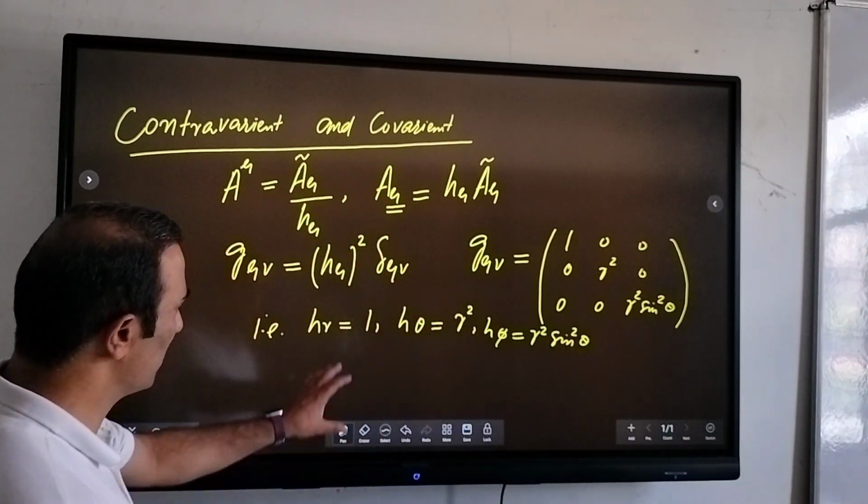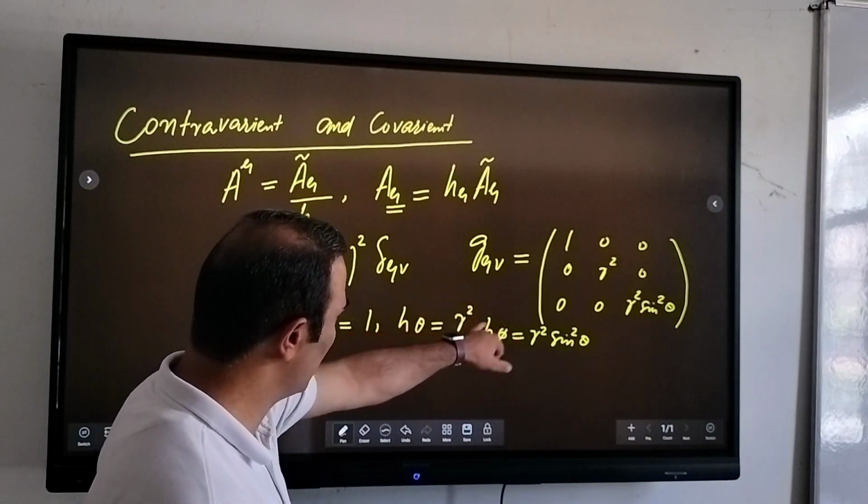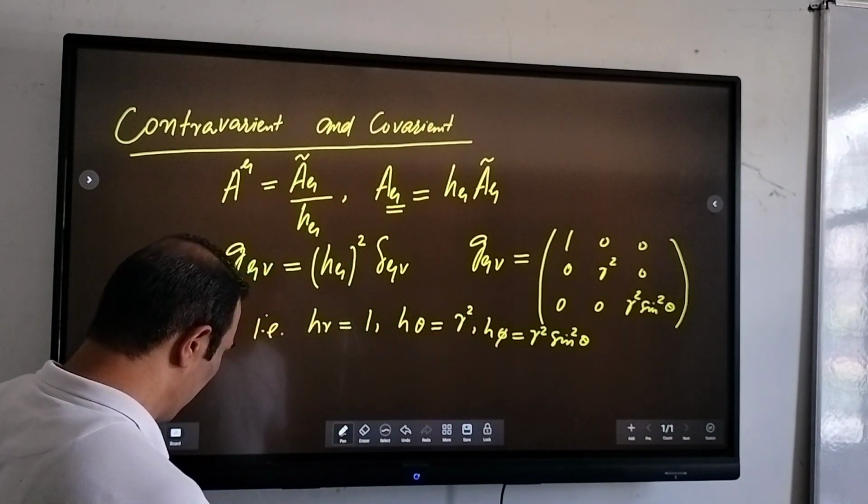So that means we can define h_r to be this one, h_theta to be this one, and h_phi to be this one.